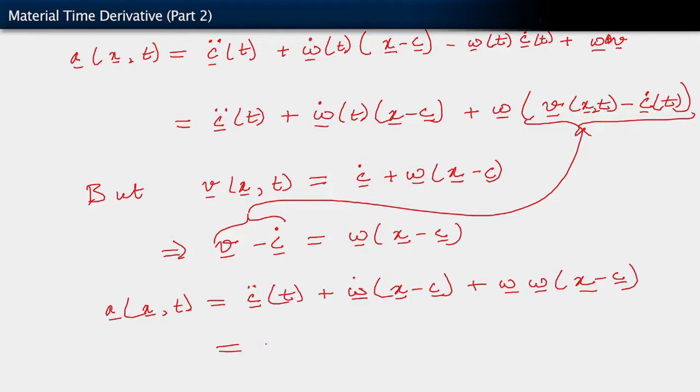So let me write this here. C double dot of time plus omega hat dot cross x minus c plus omega hat cross omega hat cross x minus c. Okay?